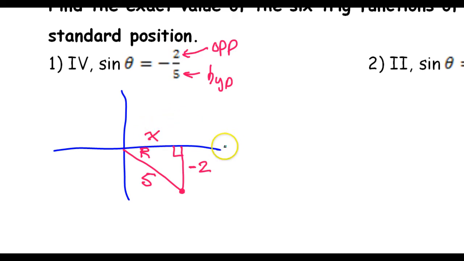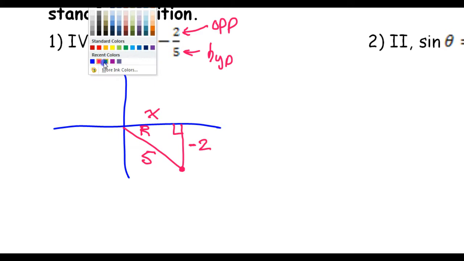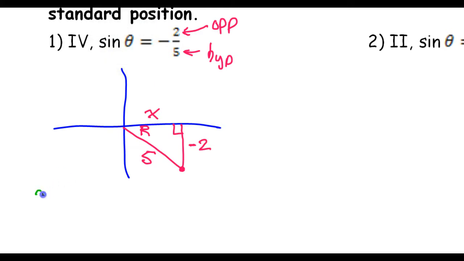So let's call it x and let's do the Pythagorean Theorem. If I have a squared plus b squared equals c squared, that's x squared plus negative 2 squared. Actually, we don't even have to deal with the signs at this point. Let's just treat this as a triangle. And we can just look at it and know, hey, if it's to the left, it's negative, if it's to the right, it's positive. So x squared plus 2 squared is equal to 5 squared.